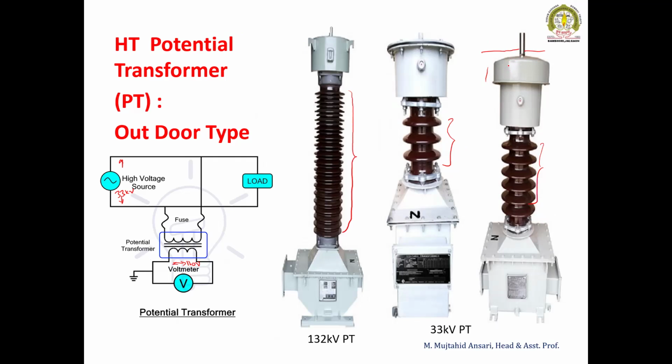In case of CT, there are two terminals. One is incoming and the second is outgoing for the load side. Whereas for the PT, only one terminal is there and the secondary terminal is grounded. So with the help of the number of terminals, we can identify whether it is a CT or PT.